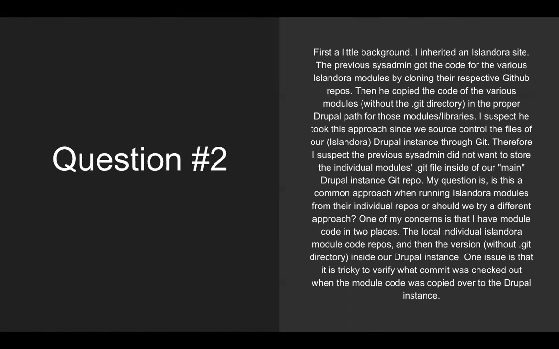This one was kind of a surprising one, actually. I have not heard of this approach, and I guess, to be frank, I don't think it falls under best practice.